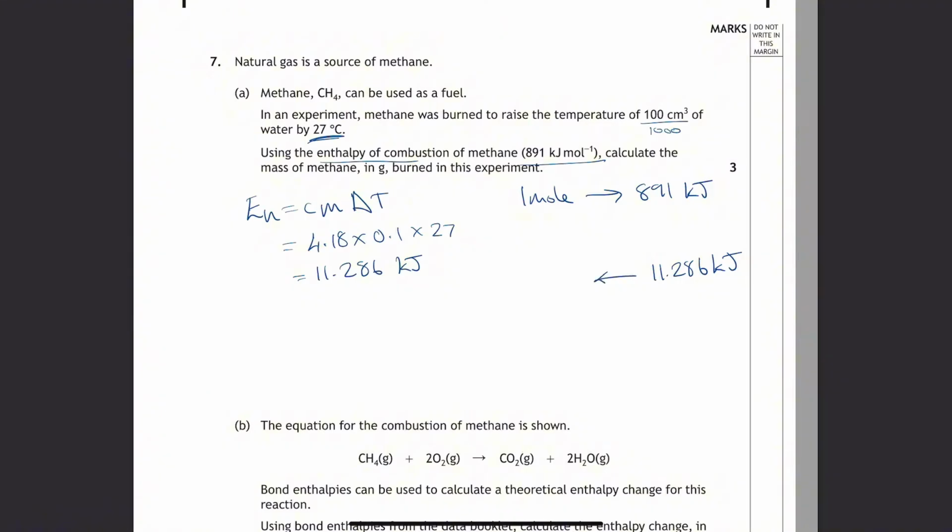So we're going to swap this portion around, but because we're looking for a mass of methane, we need to convert the moles into a mass. So if methane's CH4, the mass of 1 mole of it will be 12 plus 4 times 1, which is 16 grams. So we know that 16 grams would give the 891 kilojoules.